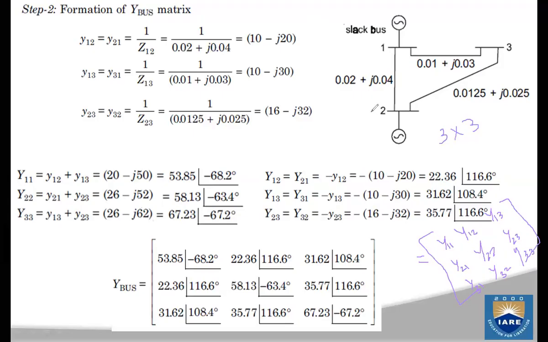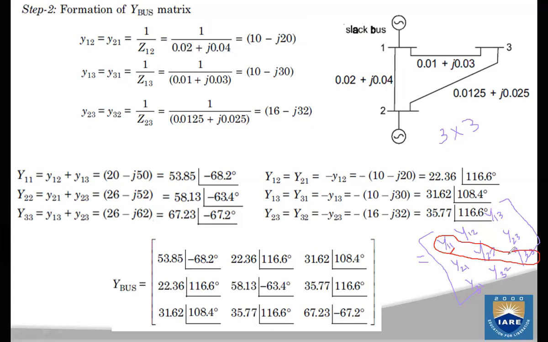Now, the diagonal elements of this Y bus matrix: Y11 is equal to the sum of the admittances connected to bus number 1. Y22 is equal to the sum of the admittances connected to bus number 2. Y33 is the sum of the admittances connected to bus number 3.